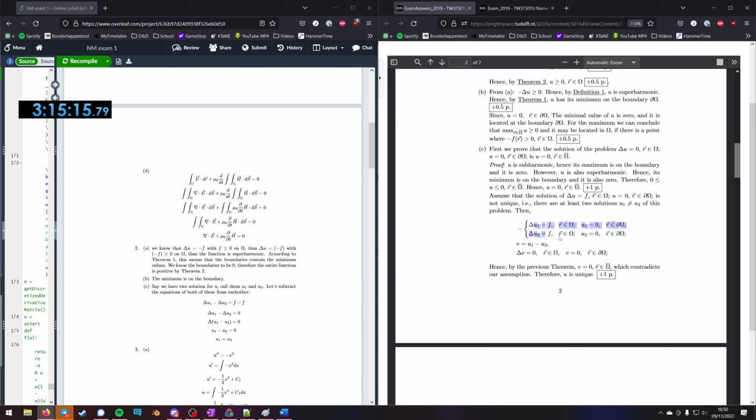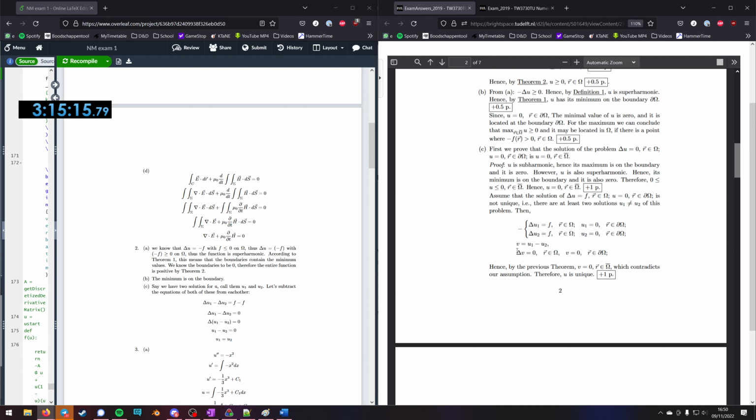Then if we take two different solutions, u1 and u2, that aren't equal, and subtract them from each other, we get a function equal to f minus f, which is 0. So this is 0, and the boundary is 0. Here u1 is 0 on the boundary, and that boundary is also 0.